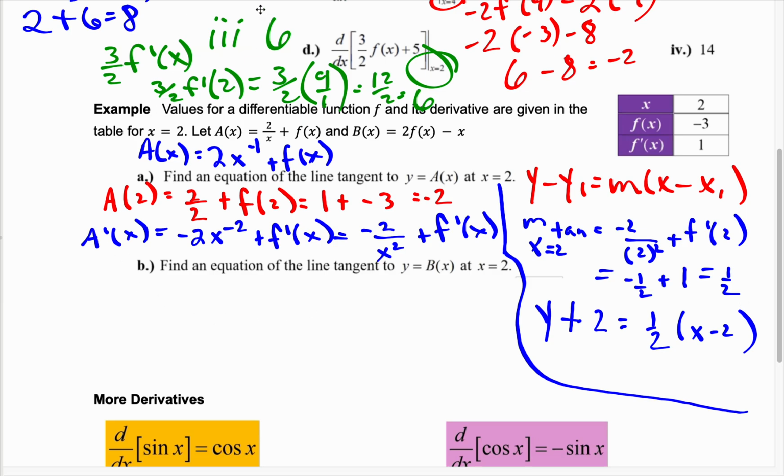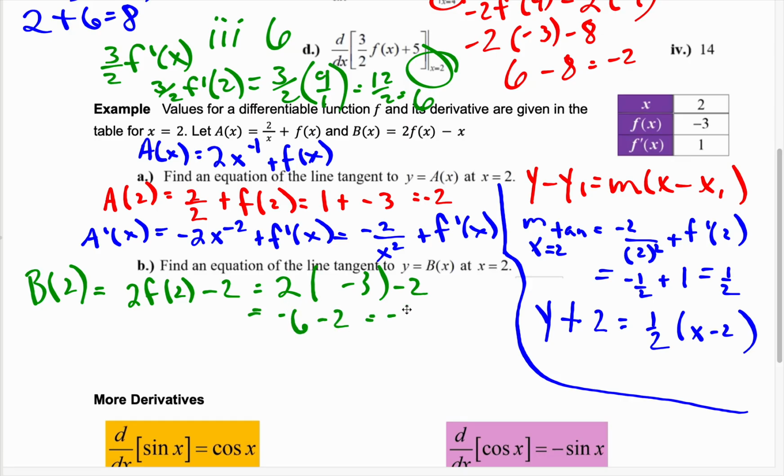Part B. All right, we know y equals b of x. So up here, x is 2, so let's find the y value. f of 2, looking at the table, is negative 3. It's negative 8.